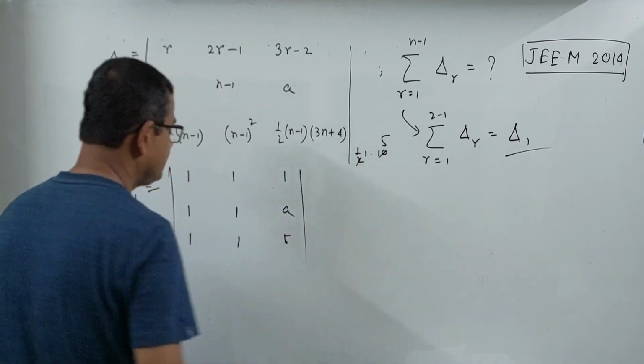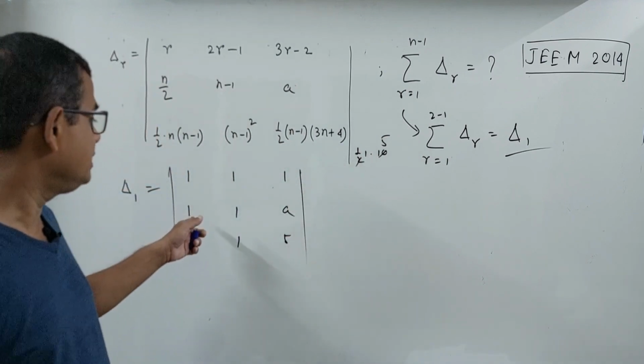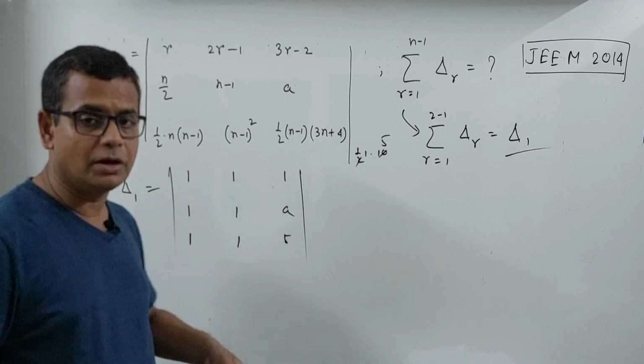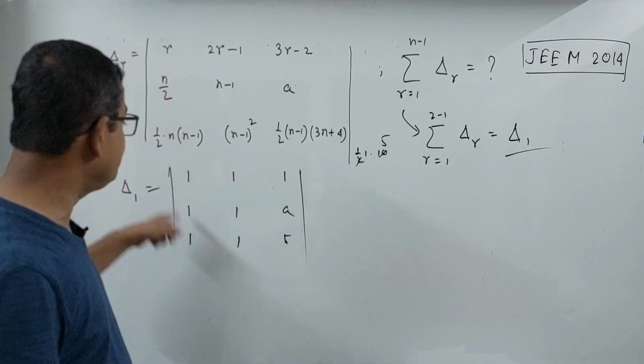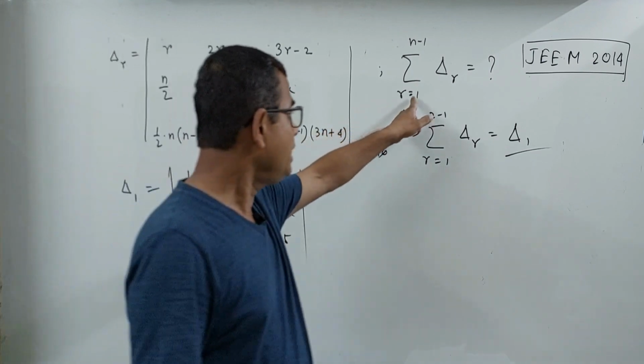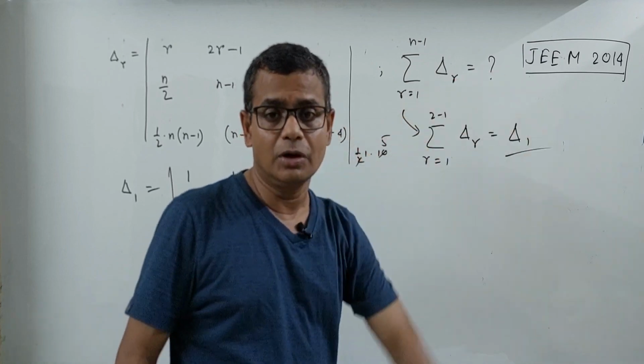Now, what is the value of the determinant? First column and second column identical, so the value of this determinant is 0. So, the sum from r equal to 1 to n minus 1 of del r equals 0.